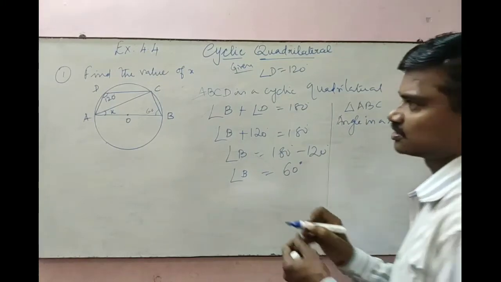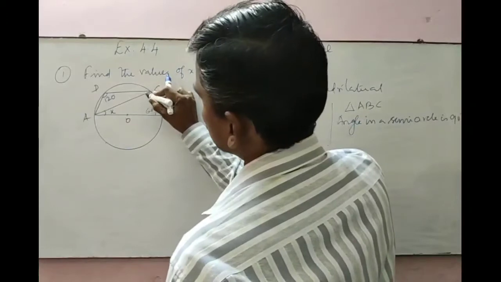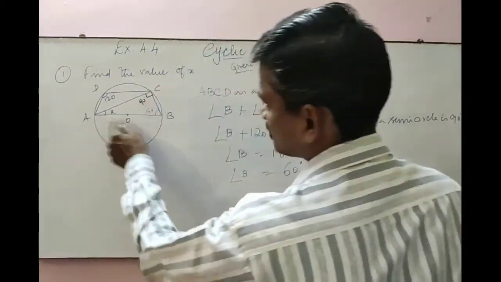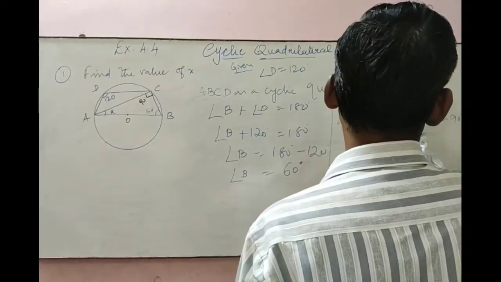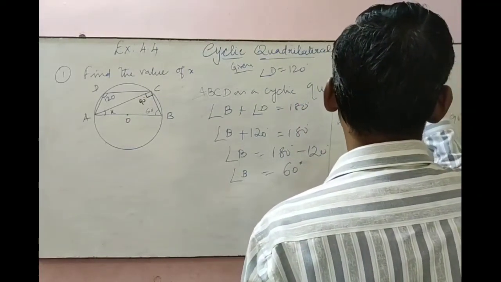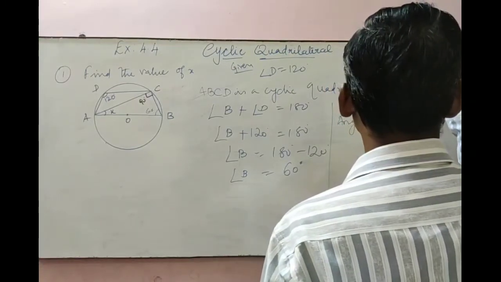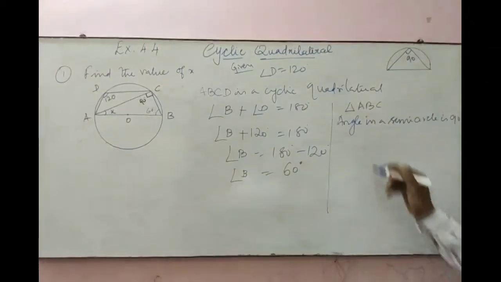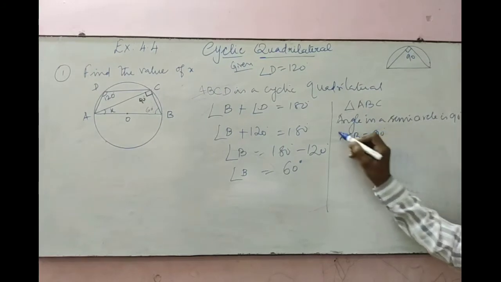That means this angle C is 90 here, because this is an angle in a semicircle. This is a semicircle. In this semicircle, if you draw one triangle, this angle is 90 degree. So using that concept, we get the value of angle ACB equal to 90.